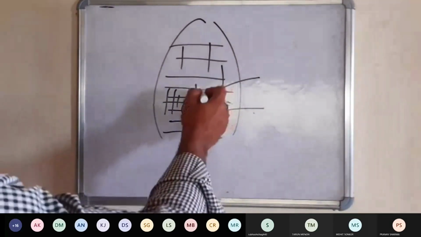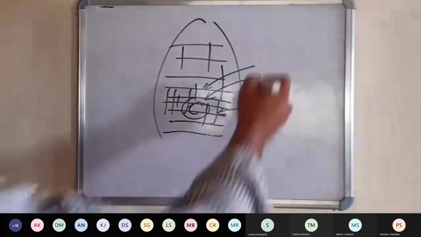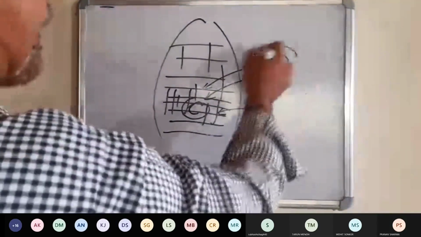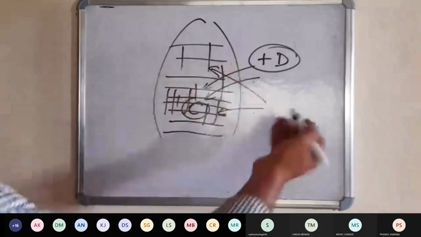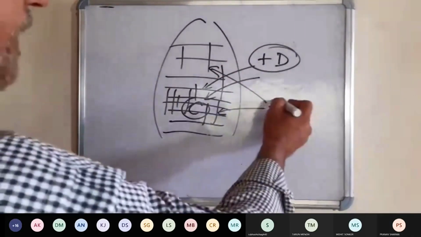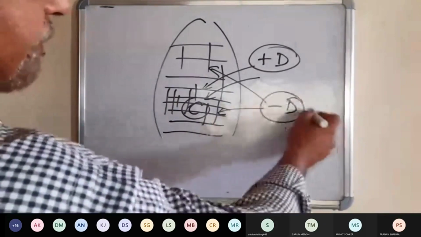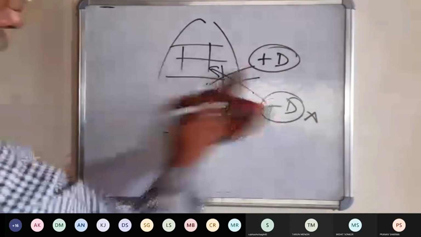Mostly, the number of these beams running athwartship will be more, continuous athwartship rods will be more, giving rise to plus D. The forward aft rods will be less in number, so in most cases you won't have the case of minus D. Reason?